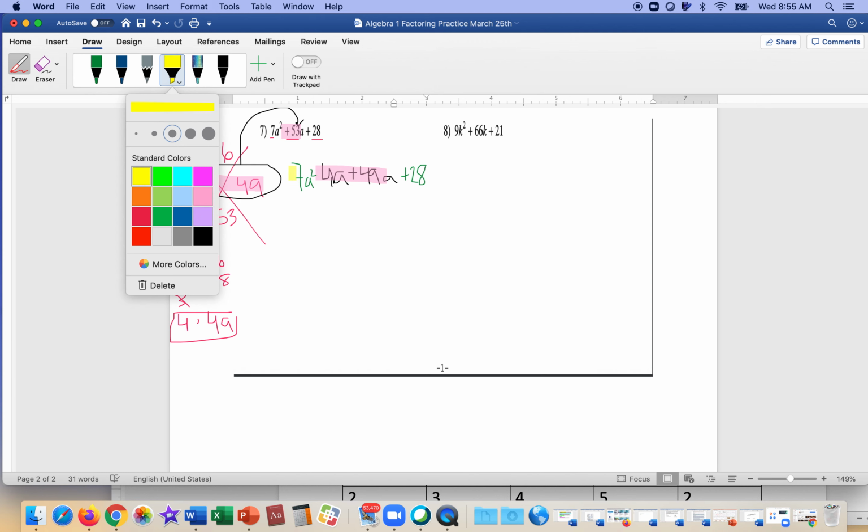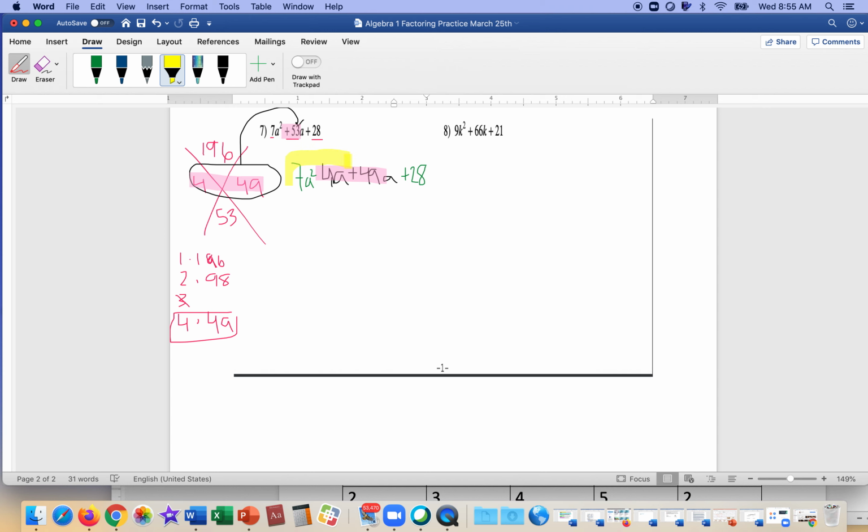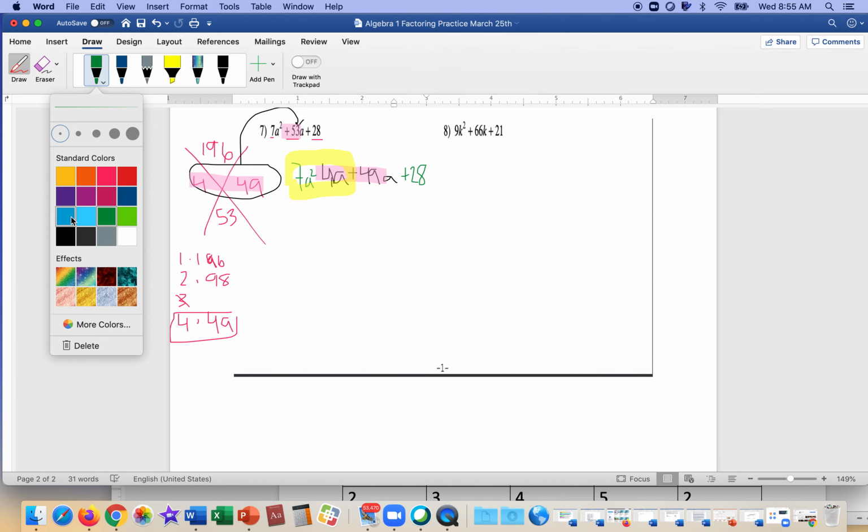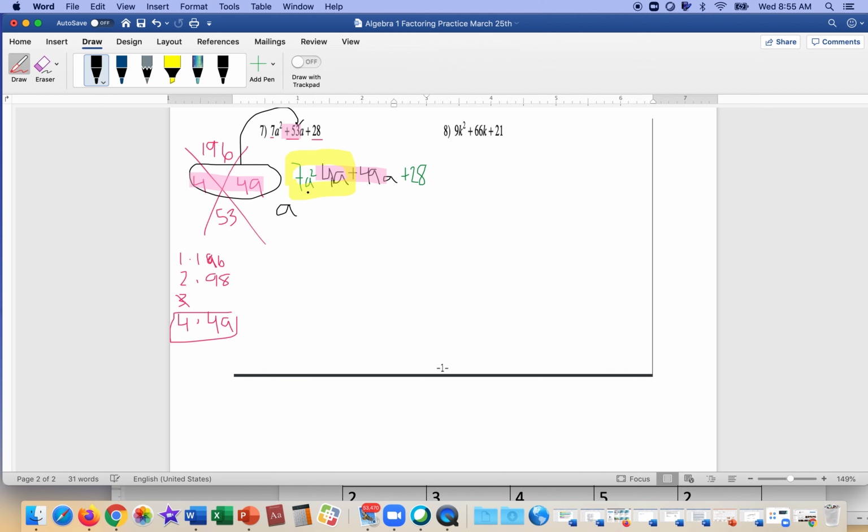For the left pair, 7a squared plus 4a, you ask yourself, what do they have in common that we can factor out? Well, we can factor out the letter a. So what's left is 7a, because a times 7a is 7a squared, plus 4, because you ask yourself, a times what is 4a, so it's 4.